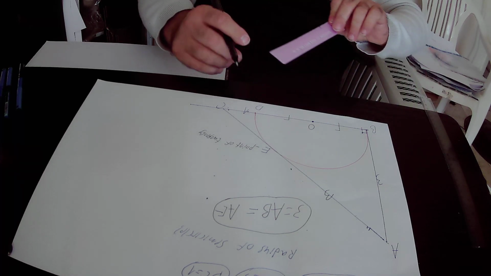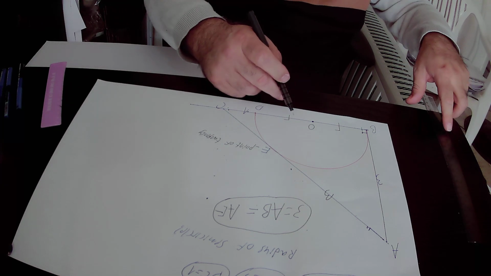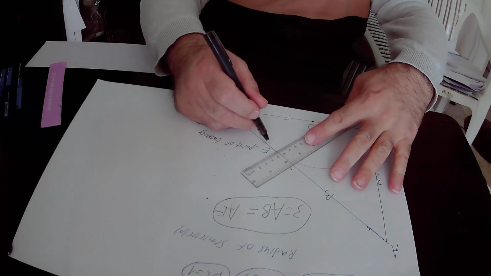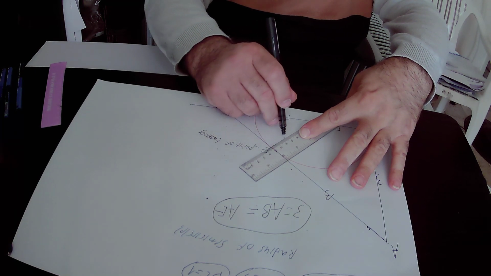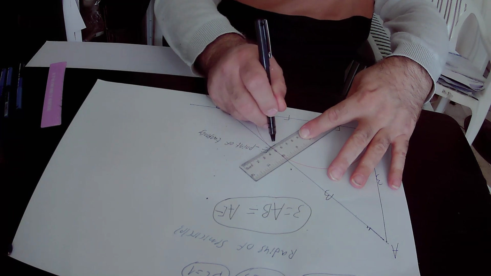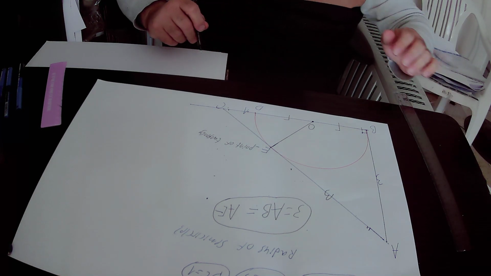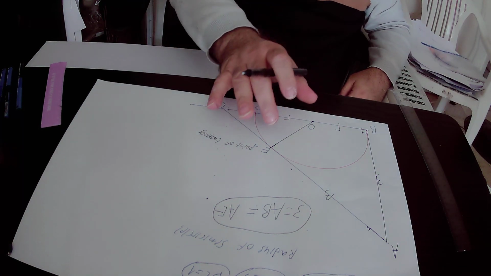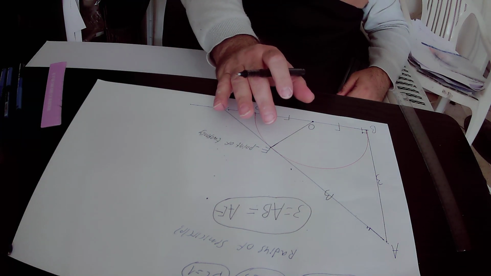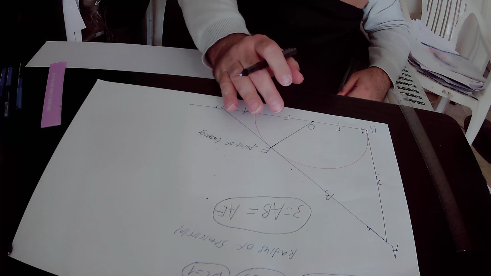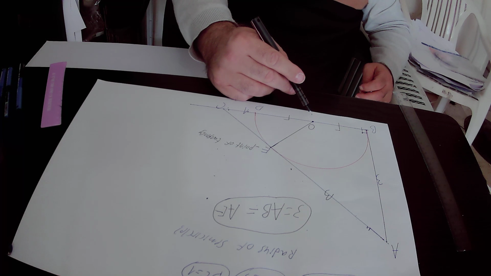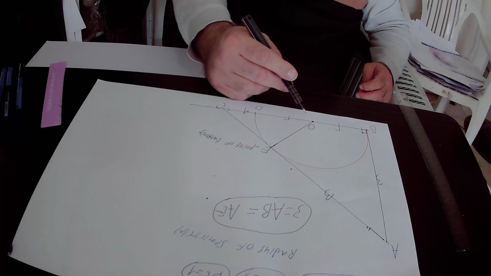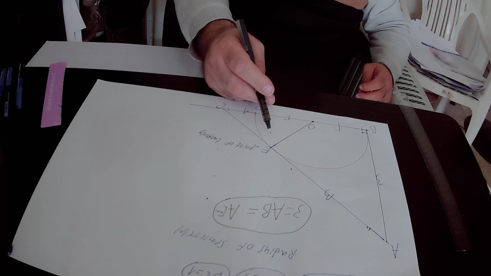Then we will join points E and O together by a straight line. Line segment OE is also the radius of this red semicircle because line segment OE starts from the center of the semicircle, that is to say from point O, and ends at point E, that is a point on the red semicircle itself.